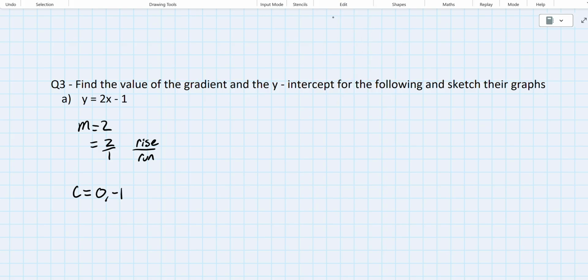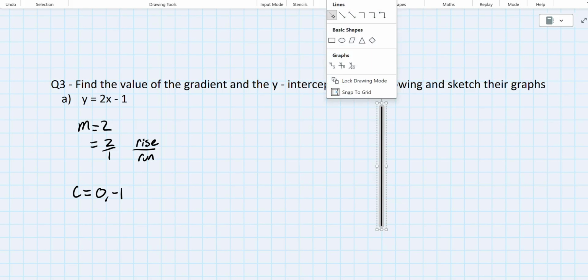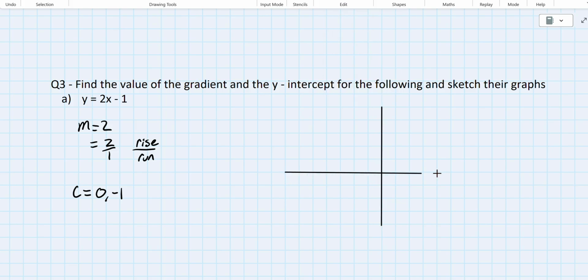So for our graph, we are going to have -1, -2, -3.